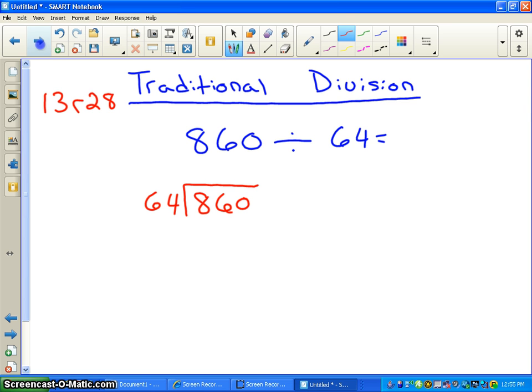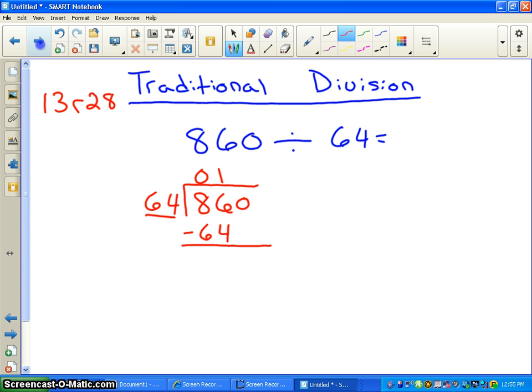First off, you say, how many times does 64 go into 8? Well, it can't. So we just put a 0 there. You can also leave it blank. How many times does 64 go into 86? Well, I know it only goes into it once. So I can put a 1 there over the 6 in the tens column. I know that 1 times 64 is 64.